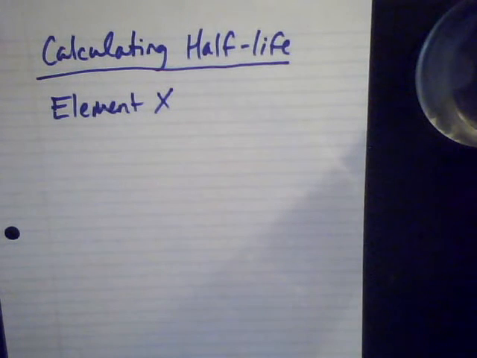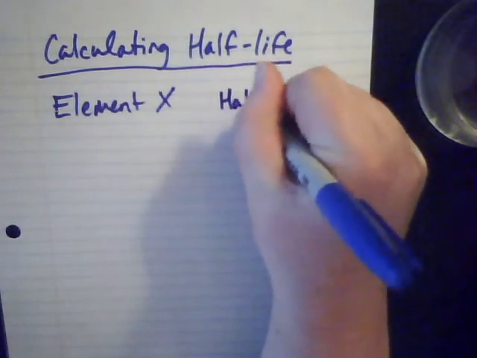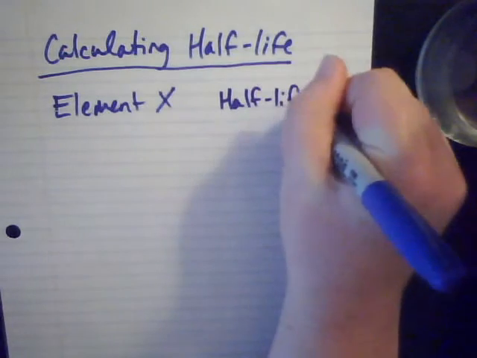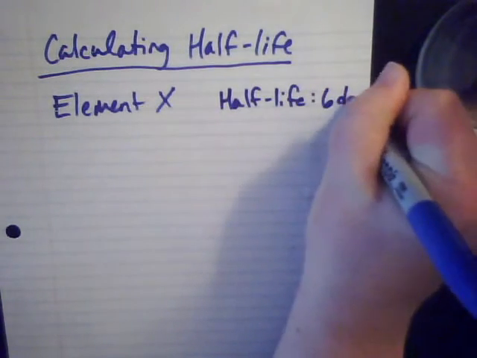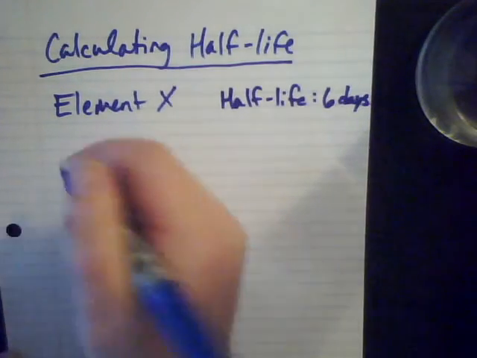But if we had an unknown element X and we calculated that the half-life is 6 days. Okay. So we found this new element, it has a half-life of 6 days. Then we could answer questions that look something like this.